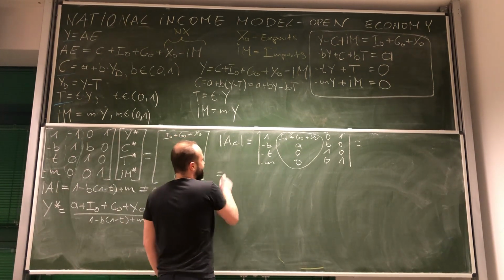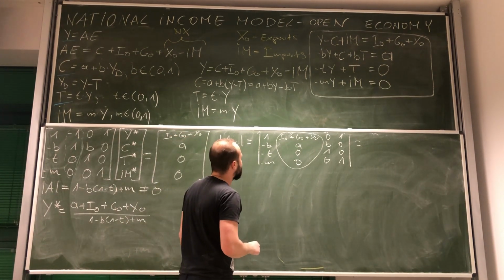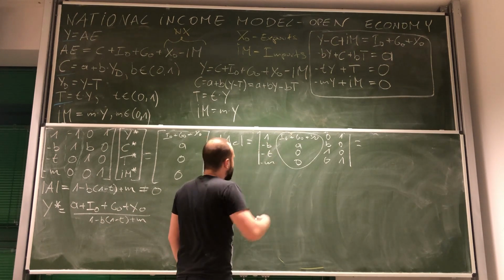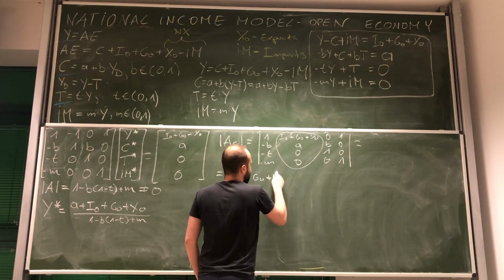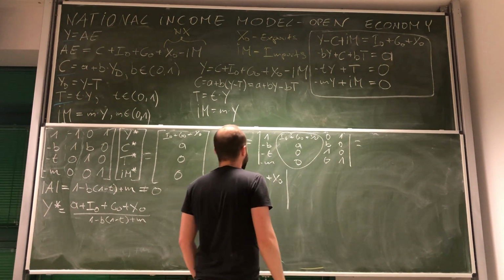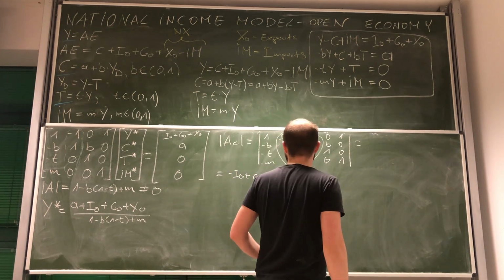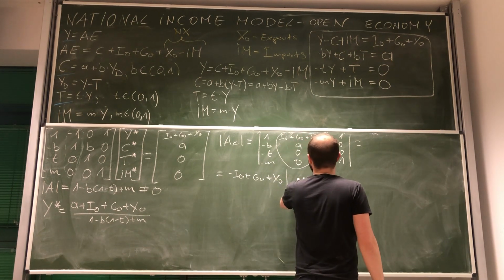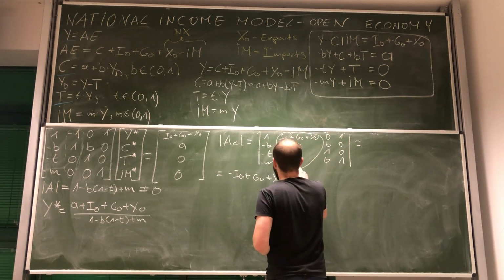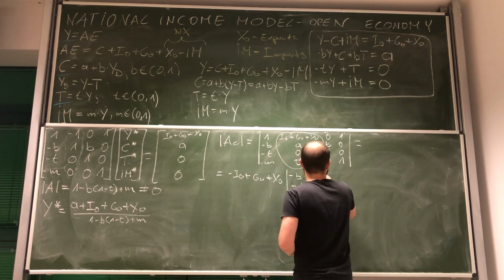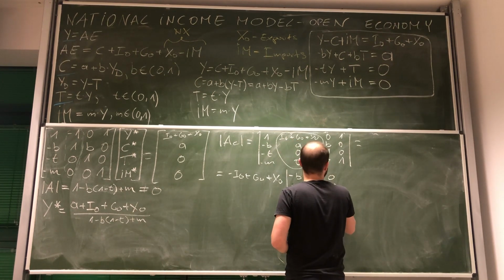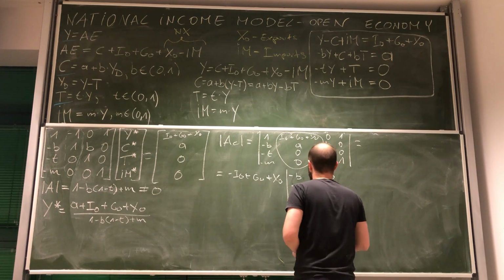Okay, so we get that this is first row, so this is going to be minus I0 plus G0 plus X0 times, we will have now negative B, negative T, negative M, B0, 1, 0, 0, 1.